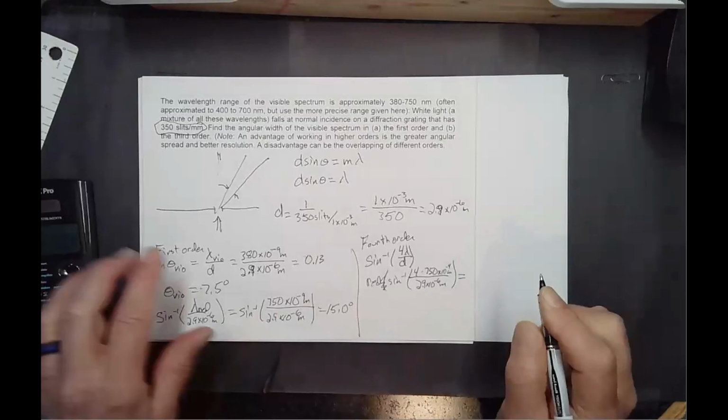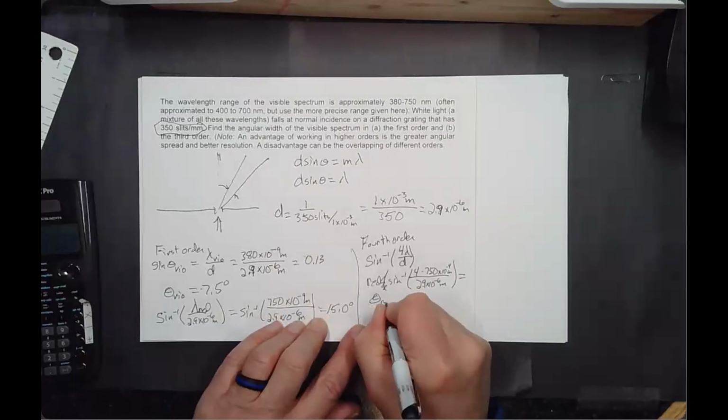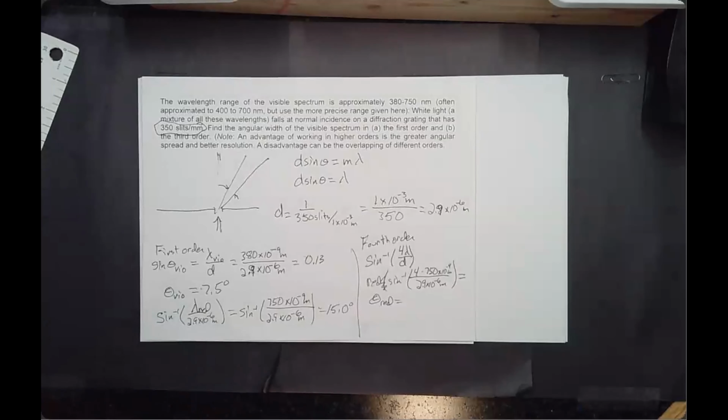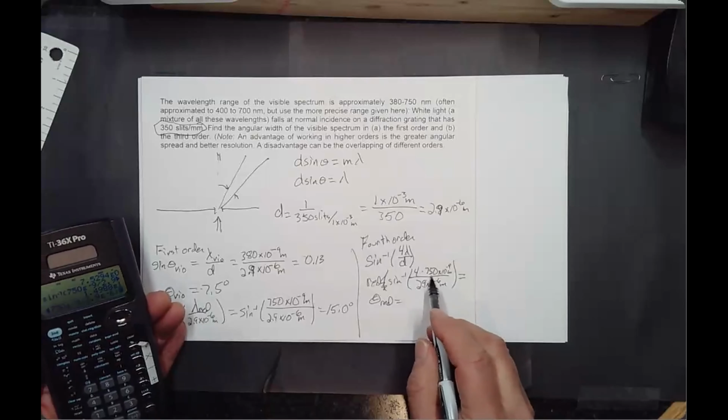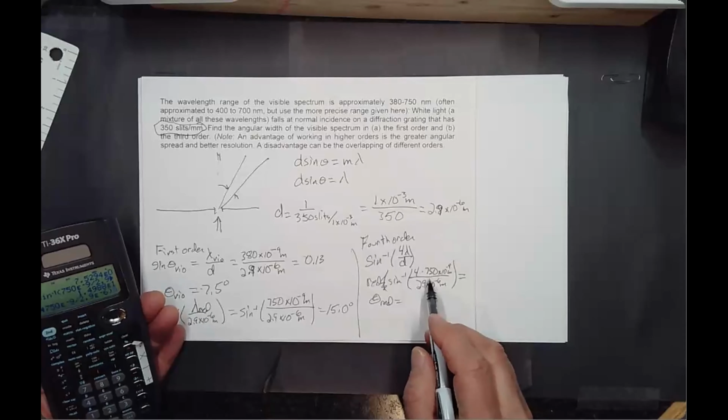And that angle for the red, well, I'll do it down here. Let's see. Inverse sine again. And to repeat this calculation, I'm just going to go into my calculator and change those digits from 750 into 380.